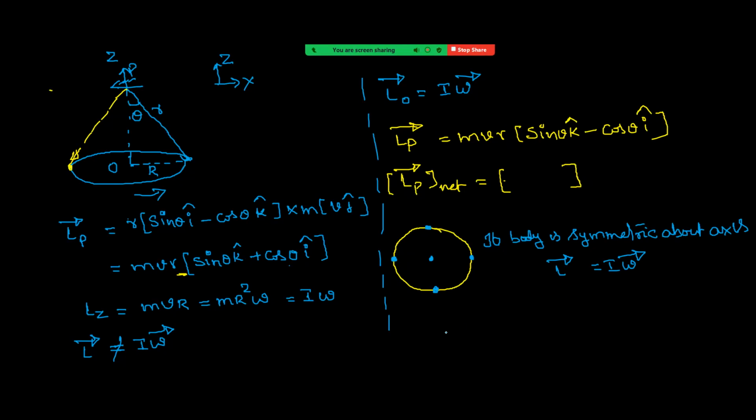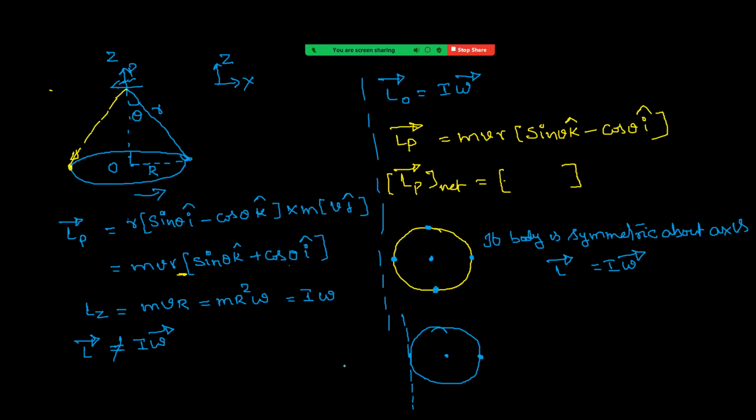For example, if we consider the same uniform ring, let us take the axis now tangent. Even though the body is uniform, it is not symmetric about the axis of rotation. At this instant, if I find one point mass here, there is no point mass on the left of the axis.